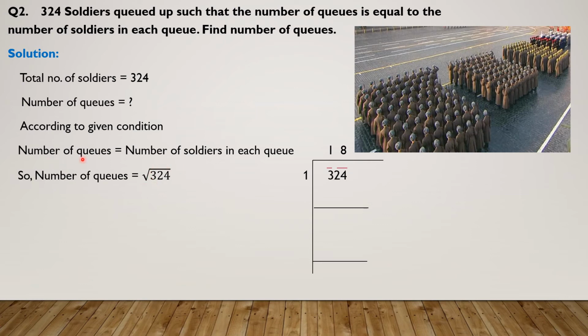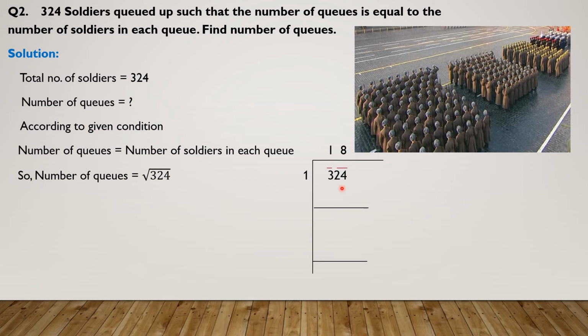Since we have to find the number of queues, we write here the number of soldiers. How many total soldiers are given to us? Total soldiers are 324. We will take the square root of the total number of soldiers to find the number of queues.